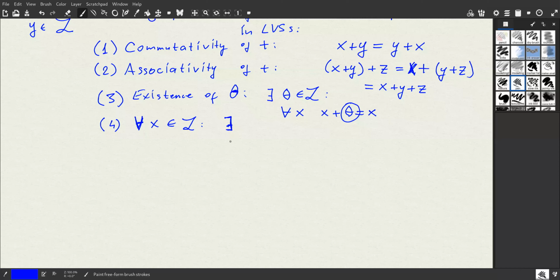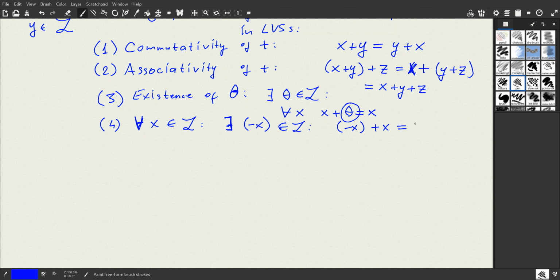Great. Okay. So for all x which belong to our linear vector space L, there is another vector which we will interestingly call minus x, such that minus x plus x equals to what?